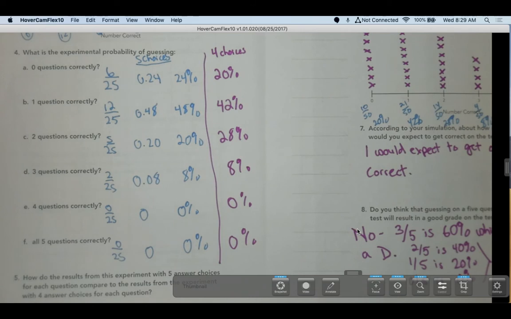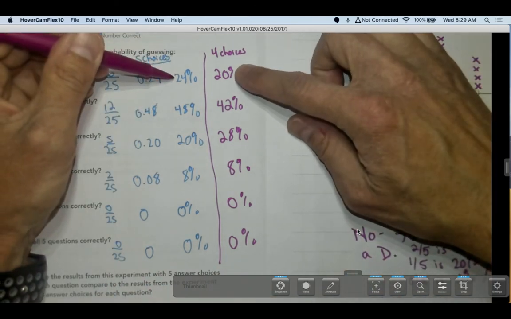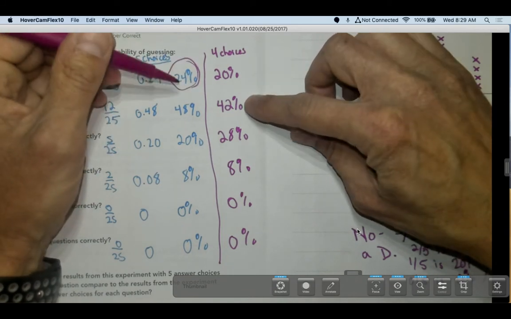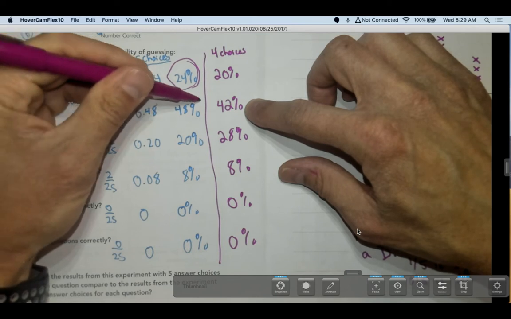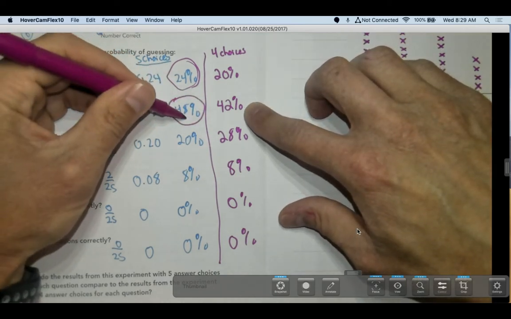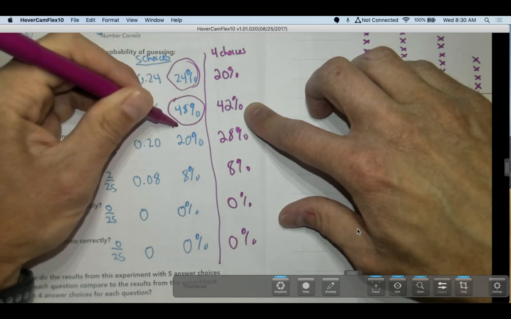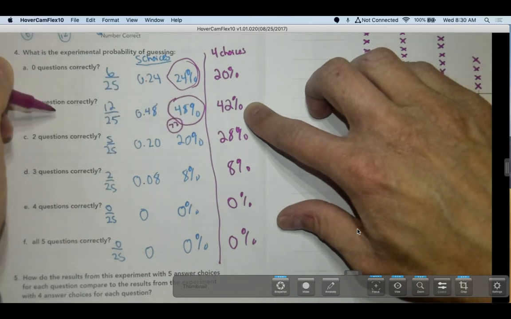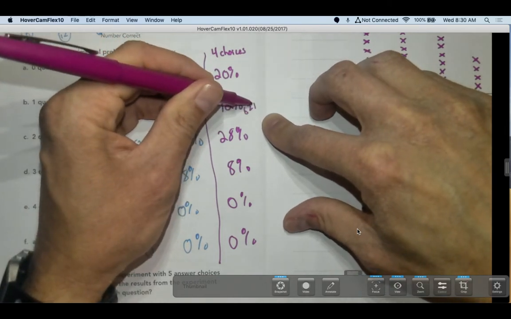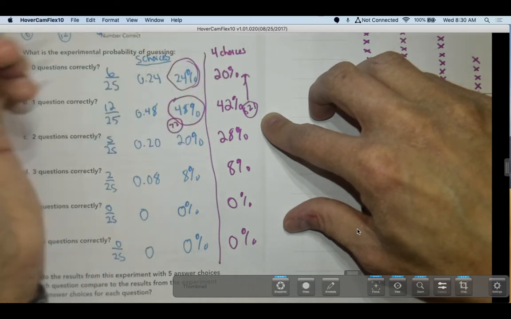Okay. So if I was explaining this, how do the results compare? Well, it looks like when it was 5 choices, there's a higher experimental probability of getting 0 correct. There is a higher probability of getting 0 or 1 correct. Let's add those together real quick. There was a 72% chance of getting 0 or 1 questions correctly with 5 choices. There was a 62% chance of getting 0 or 1 correctly with 4 choices.